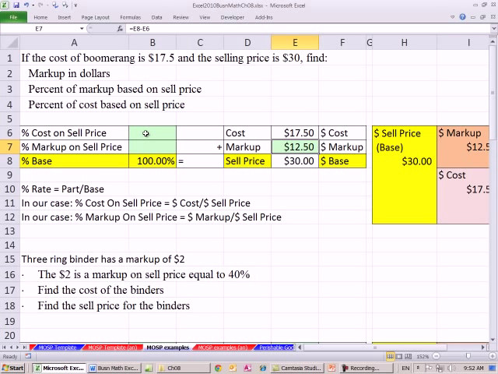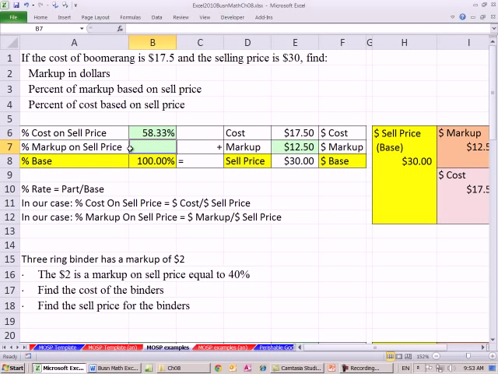Now we jump over to this side. We're calculating rates or percentages. So here's an associated rate or percentage. So I need the associated part divided by the base. Equals associated part divided by the base gives me associated percentage or rate. In our case, percent cost on sell price. Now we're going to do the same thing here.